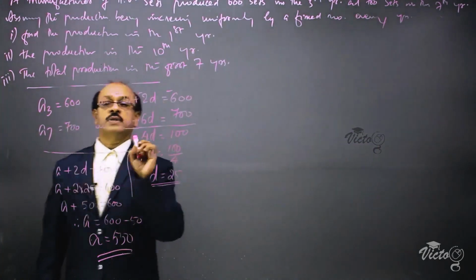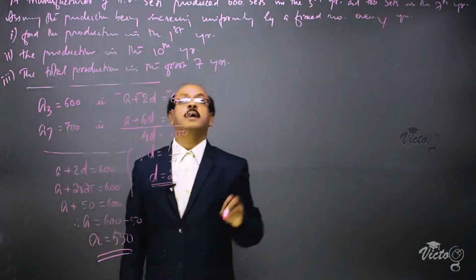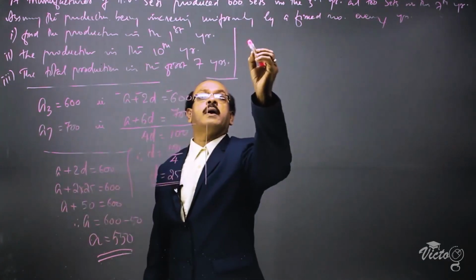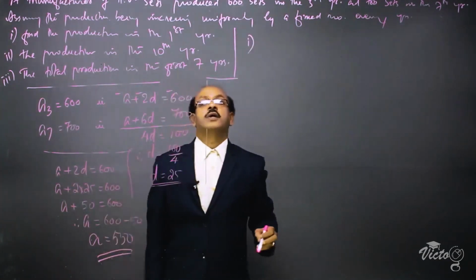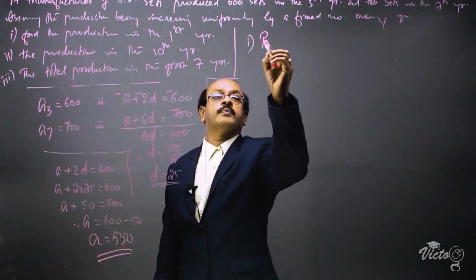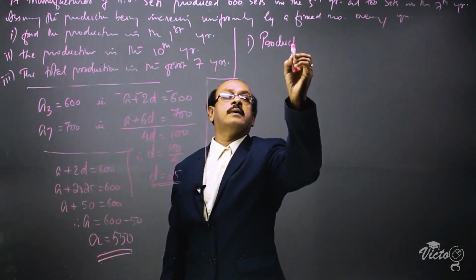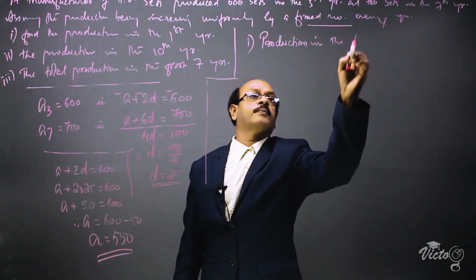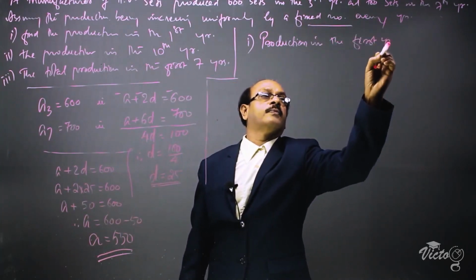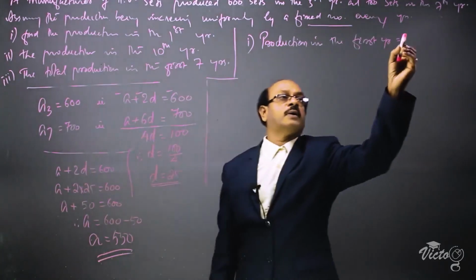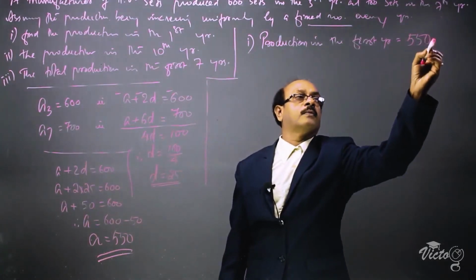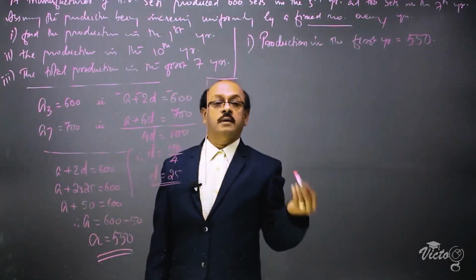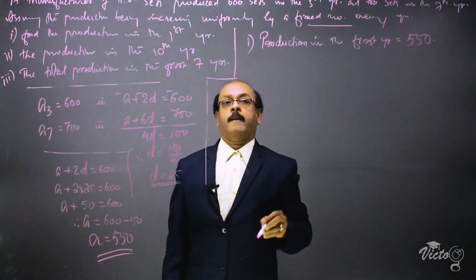This is the answer of the first part: production in the first year is equal to 550.